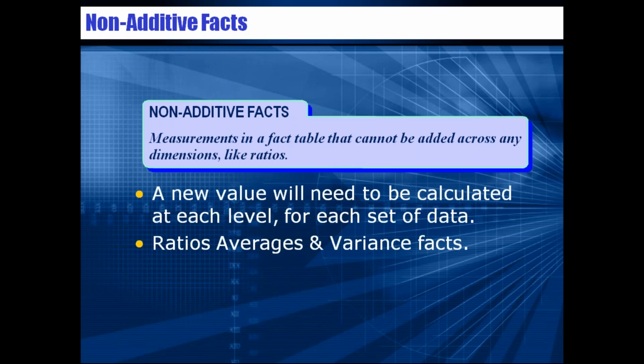But still they exist in the fact table because they are degenerate dimensions. If we add these attributes in the dimensions, it will degenerate the rows unnecessarily. That's where we placed it in the fact table. So as they're placed in the fact table, they are not really facts, so we cannot do any operation on them and we cannot sum them up based on any of the dimensions. Those are called non-additive facts.